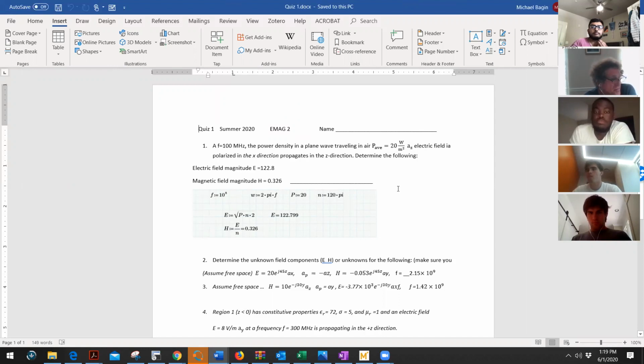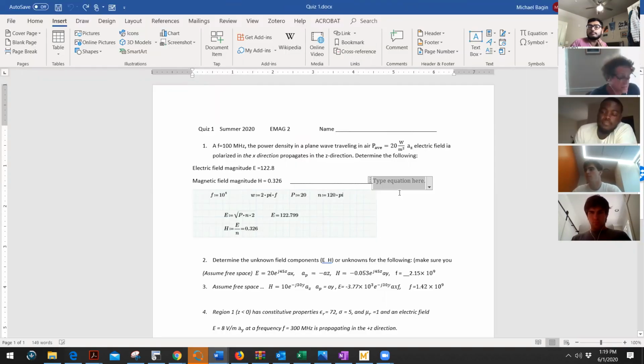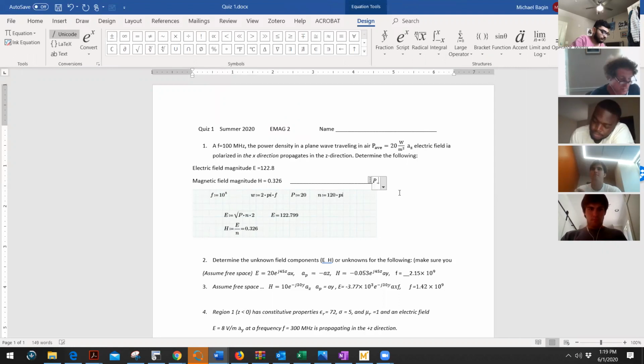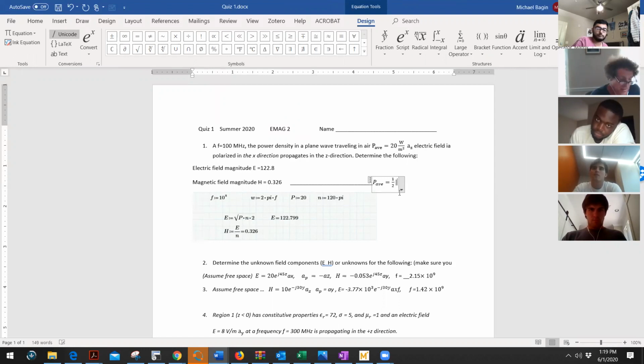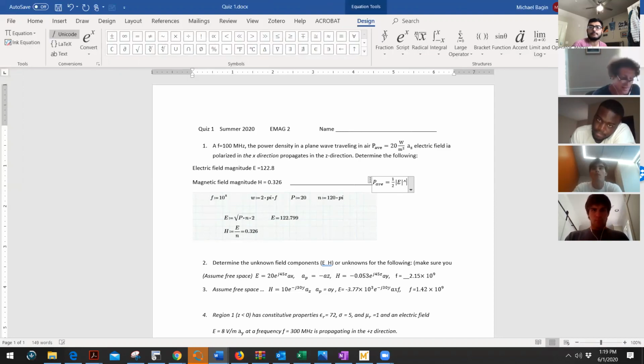Well, I know that average power is equal to 1/2 magnitude of E squared divided by eta.